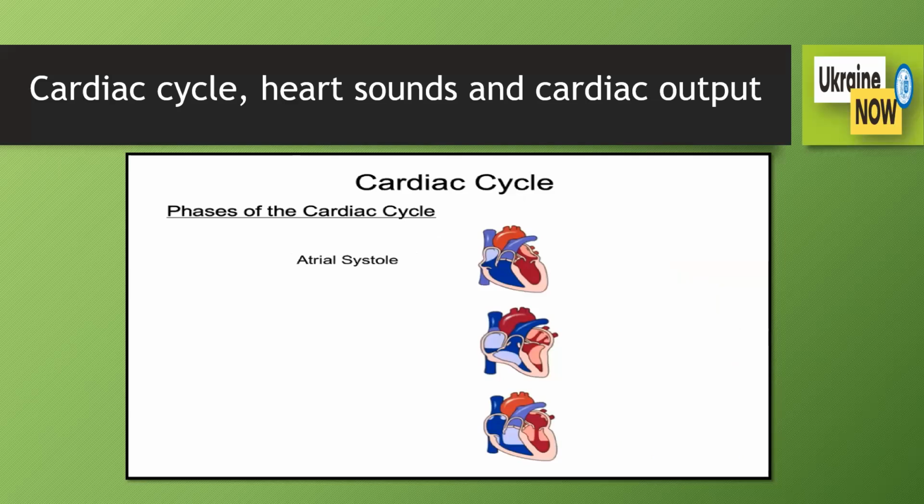During atrial systole, the atria contract, forcing blood into the ventricles. The second phase of the cardiac cycle is called ventricular systole. And during ventricular systole, the ventricles contract, forcing blood either into the pulmonary trunk or into the aorta. And finally, the last phase of the cardiac cycle is atrial and ventricular diastole. During atrial and ventricular diastole, both chambers, atria and ventricles, relax, allowing blood to passively fill each chamber.